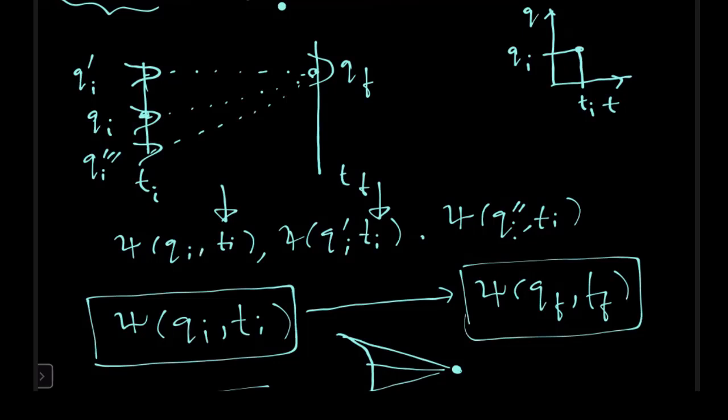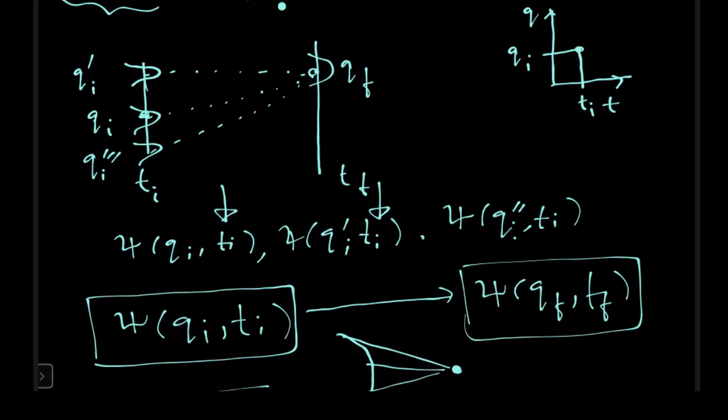But for quantum particles, we first of all have to localize them within some region. For initial coordinates and initial time, we first have to localize it. Only after that will it evolve with time, right?